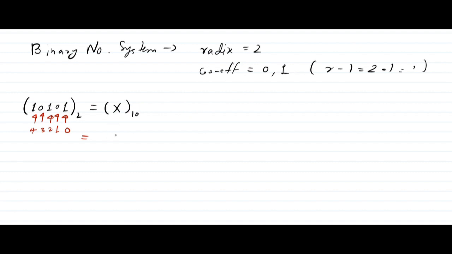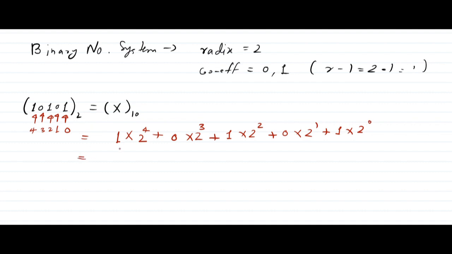So the number in base 10 will be 1 multiplied by 2 raised to power 4, because this one has place value 4, plus 0 multiplied by 2 raised to power 3, plus 1 multiplied by 2 raised to power 2, plus 0 into 2 raised to power 1, plus this one at place 0, 1 into 2 raised to power 0.